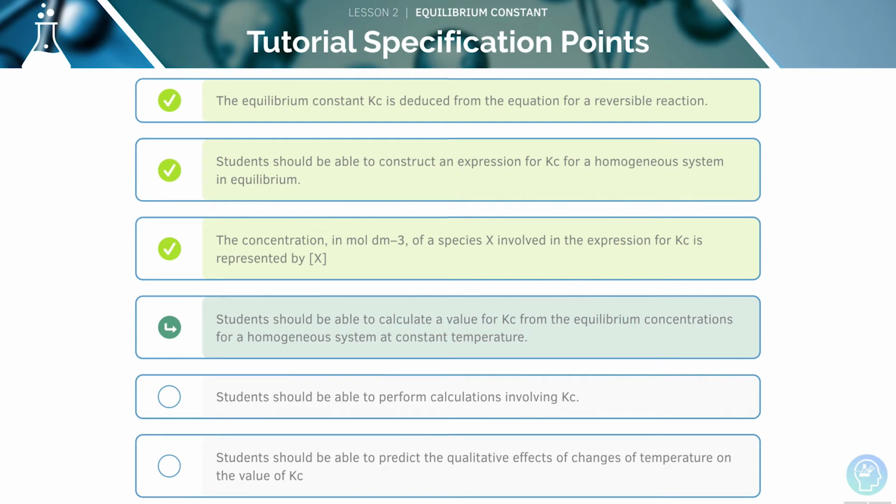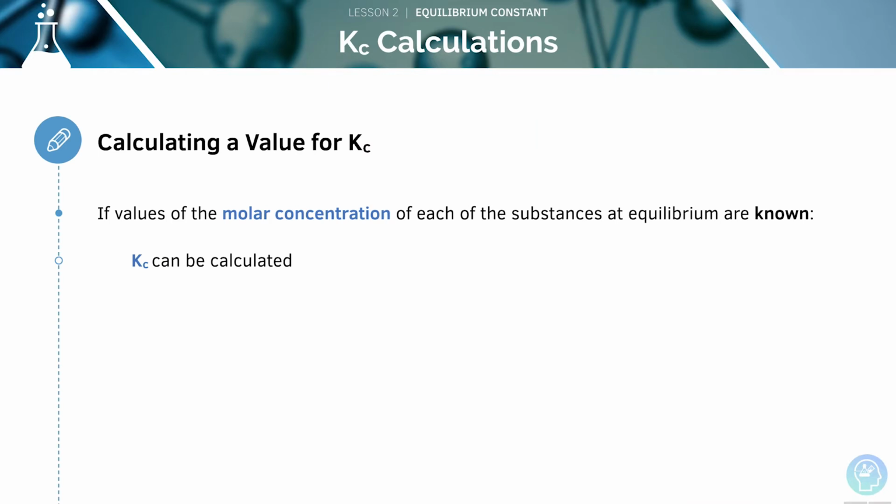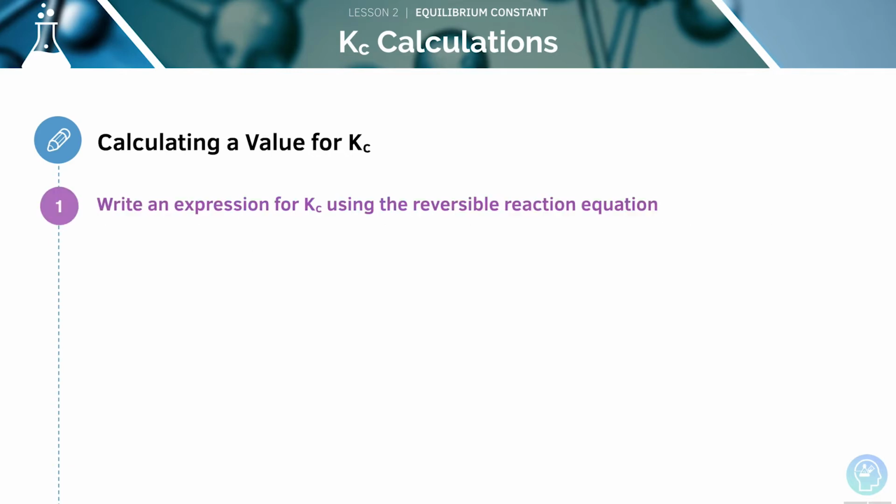Now, we will look at calculating Kc ourselves. By substituting the concentrations into the expression we learnt earlier, we can work out Kc. We have to work out the units each time as they will vary from calculation to calculation. Here's how to calculate Kc.